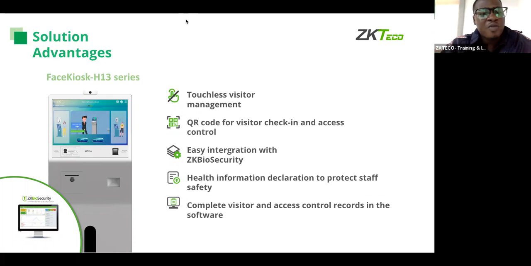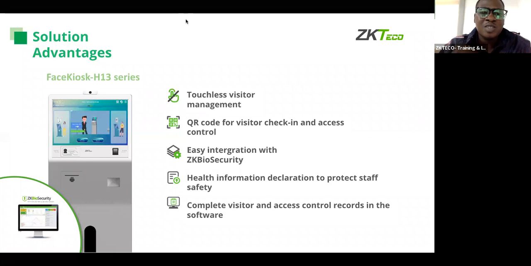Once the FaceKiosk validates your information with the visitor in question, it sends the data to the biosecurity. Our biosecurity spreads those data across various modules, and one of those modules is the access module we are talking about. In the access module, because you've set that you are in floor 1, room 2, it authorizes that person only to floor 1, room 2.